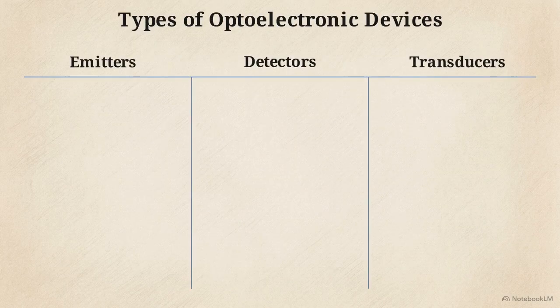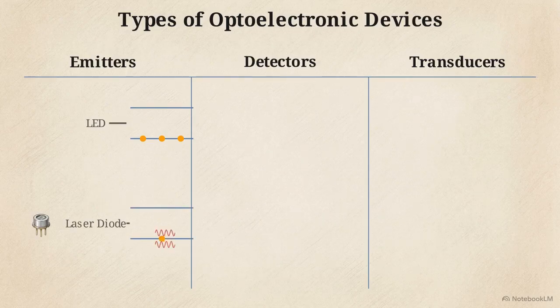We can map these three invisible quantum interactions directly onto the industrial hardware that runs our infrastructure. Optoelectronic devices are divided into emitters, detectors, and transducers. LEDs slot neatly into the emitters column. They are physical housings designed to facilitate spontaneous emission.